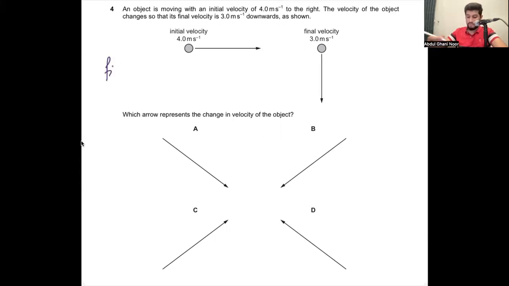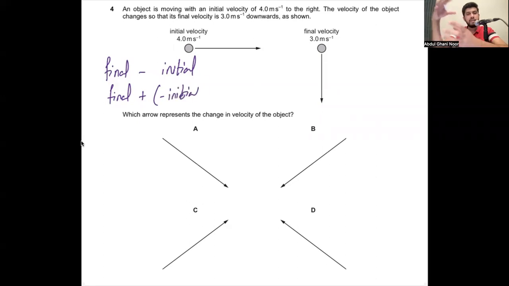It's final minus initial. Final velocity minus initial velocity, which can also be written as final plus minus initial, which means that I'm adding the two, but initial is actually a negative value.